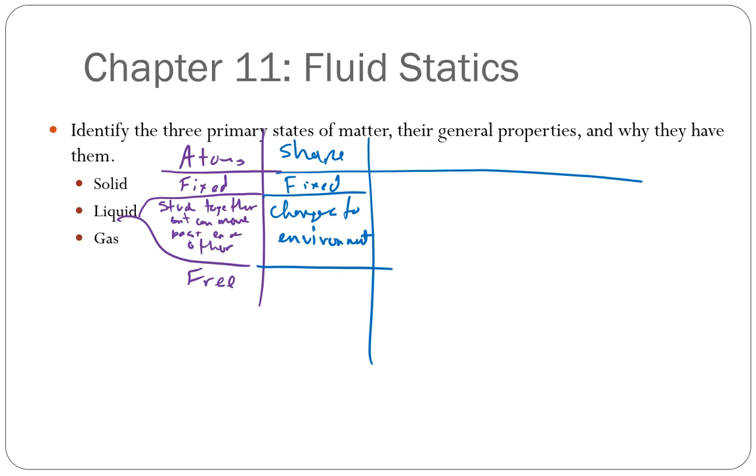So for instance, if I take this and I put water in, the water will take on the shape of this. And if I tilt it, the shape of the water changes as I tilt it. If I had a solid, i.e. this bar, that solid, no matter how I shift or move it about, stays the same shape.